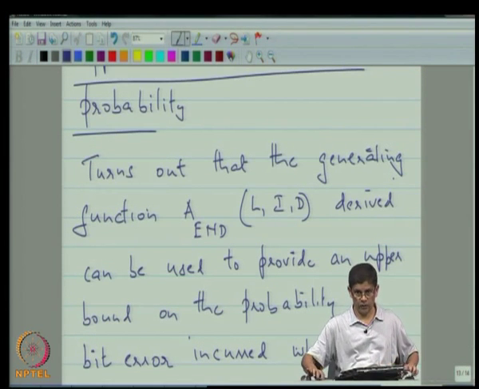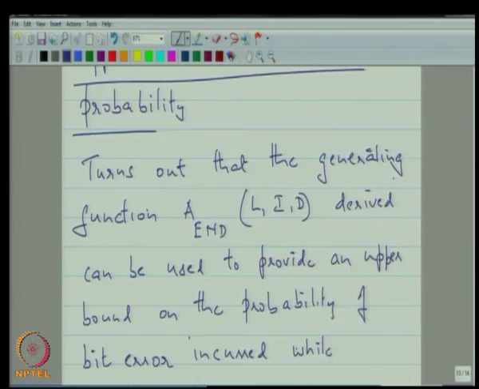Now, just a note here, the Viterbi decoder is actually designed to select that code word which minimizes the probability of code word error. So, it's somewhat strange to say that is the basis of our decoding algorithm, and yet when we talk about performance analysis in terms of probability of error, we are talking about the bit error probability, but that is just the way it is.